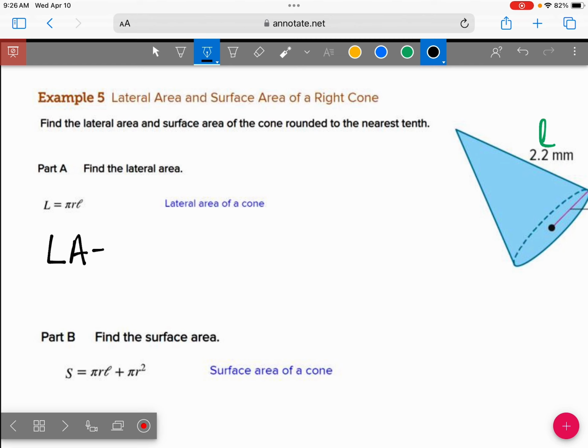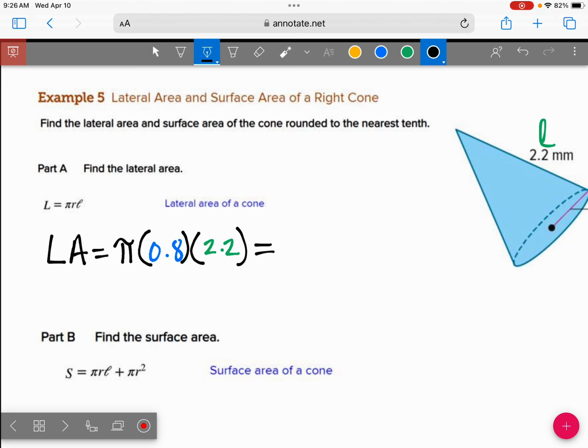Okay, so lateral area, that's LA. That's going to equal pi times your radius. And what did we say the radius was? 0.8. And then the L is your slant height, which is 2.2. Go ahead and type that in your calculators. This is for an ice cream cone.